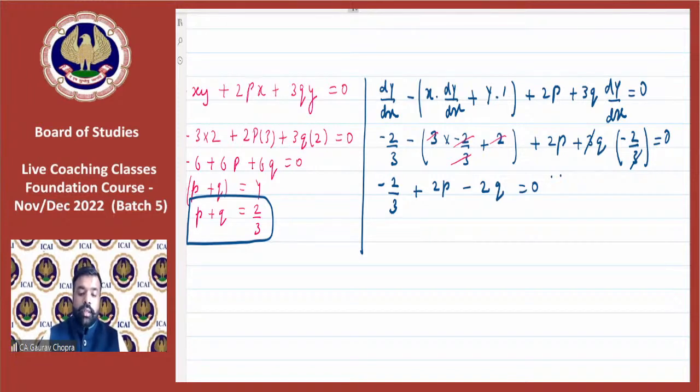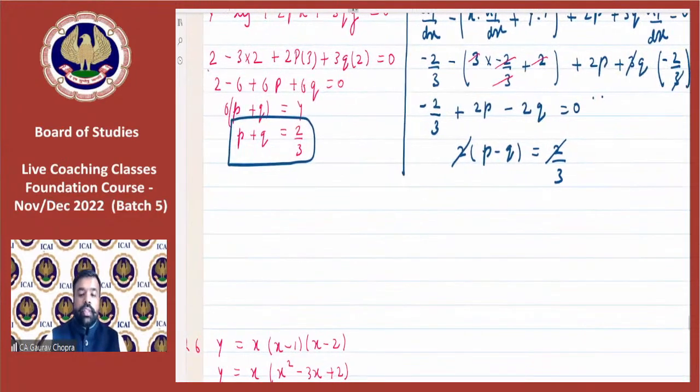So here we can take common 2. p minus q is equal to 2 by 3. 2 is getting cancelled. So value of p minus q is equal to 1 by 3. p minus q is 1 by 3. This is the equation. Now we can solve both the equations.